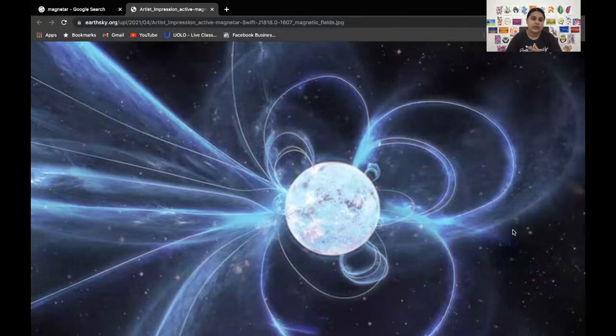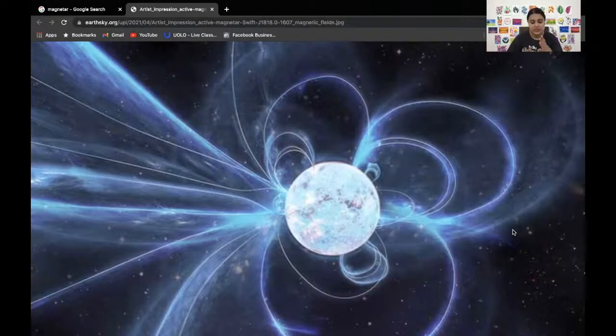So magnetars have an extremely strong magnetic force. Now, you do know that most stars do have a magnetic force, even planets as well. They do have a magnetic force that creates the concept of gravity that keeps things together, right? But magnetars tend to have a very high level of magnetic power, more than what most stars have, more than what most planets have.